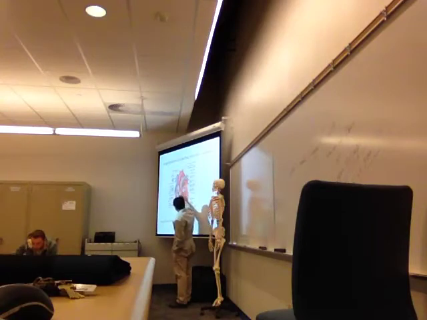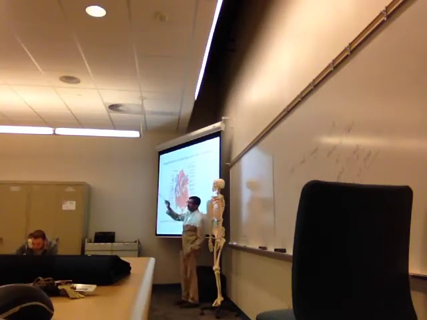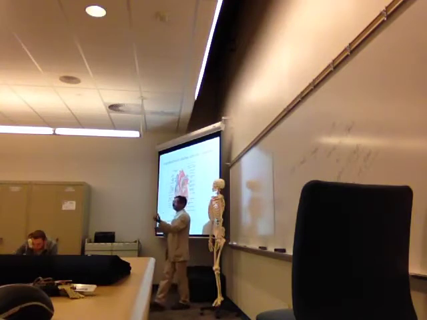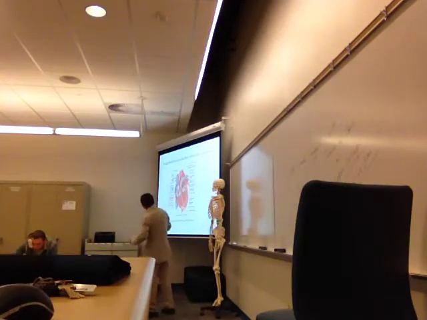We know that the right side contains deoxygenated blood and the left side contains oxygenated blood. We also know that atria receive the blood from outside, right? And the ventricle pumps the blood to outside.